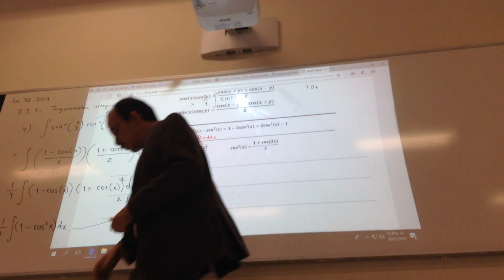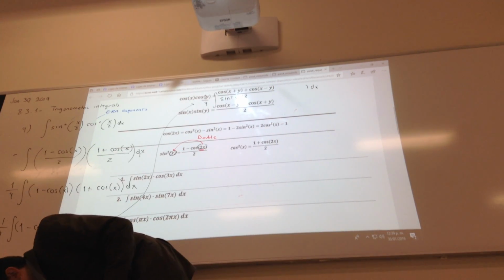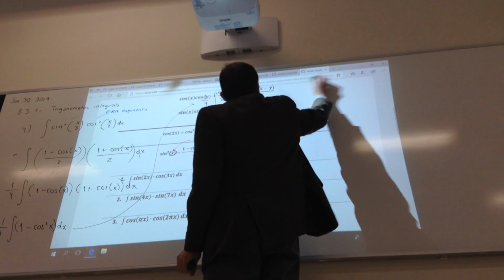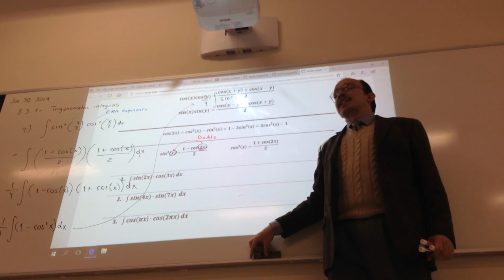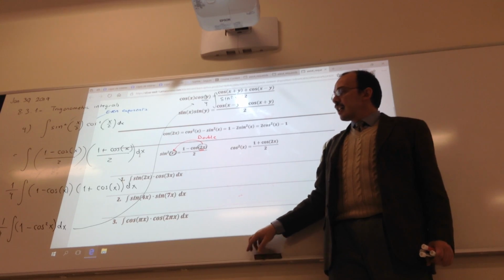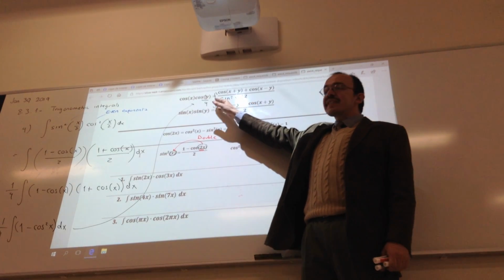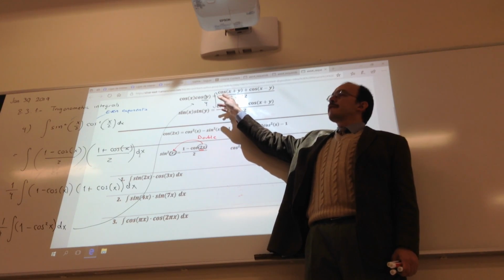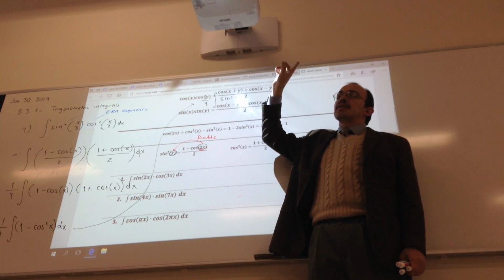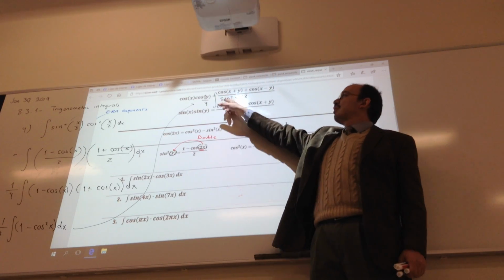Can I solve it now? Not yet. Again, the idea is to lower the powers again until the power for the sine, cosine, etc. is 1. So in this case you have sine squared.